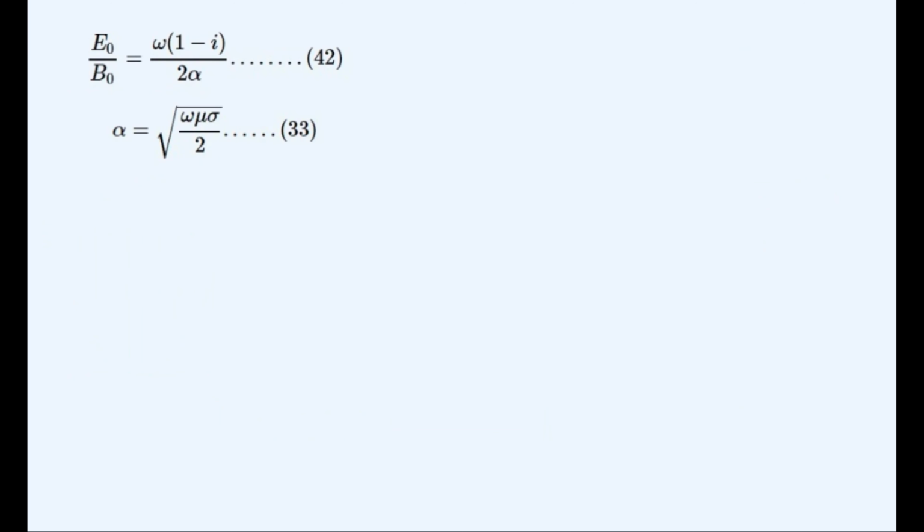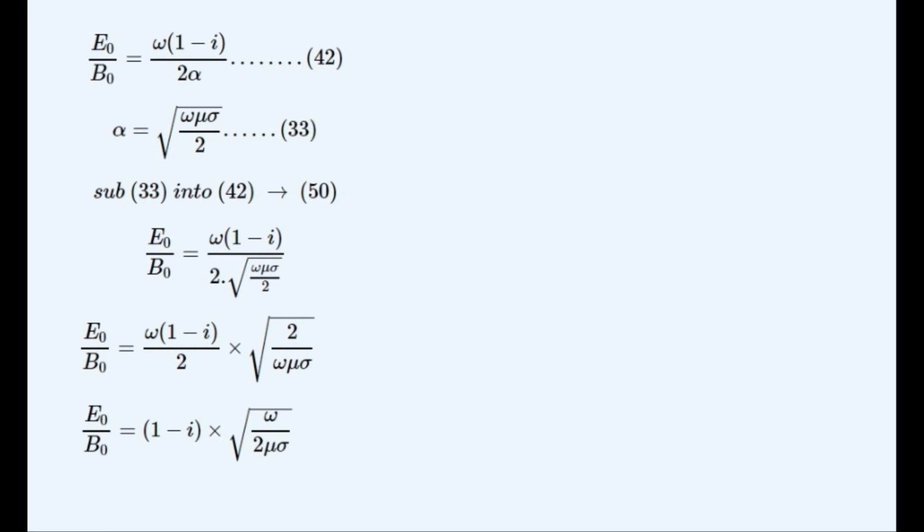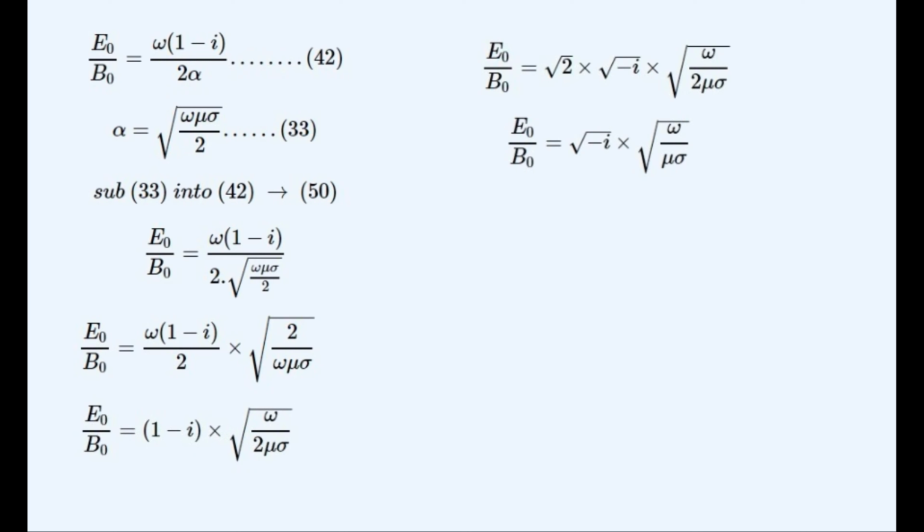Now we can get this ratio of the amplitudes of the electric field to the magnetic field in terms of omega, sigma, and mu. And after this substitution, we get this quantity. And slowly manipulating it, we get this real quantity multiplied by this simple complex number. We can manipulate it further so that the magnitude of the complex number is equal to 1.